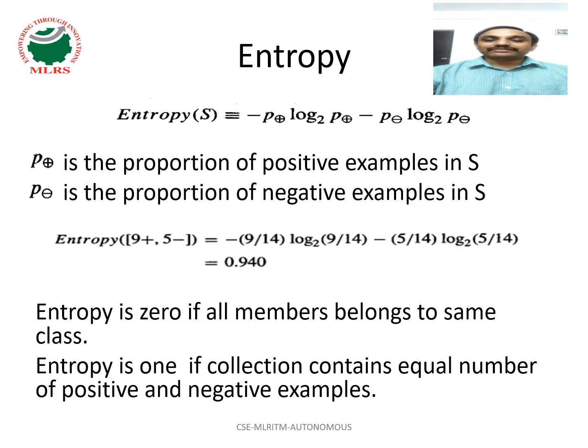For example, in the given 14, 7 positive and 7 negative are there, then entropy becomes 1. You may get one doubt: if the number of data you are providing is an odd number, 13, then there is no question of equal, so entropy doesn't become 1.